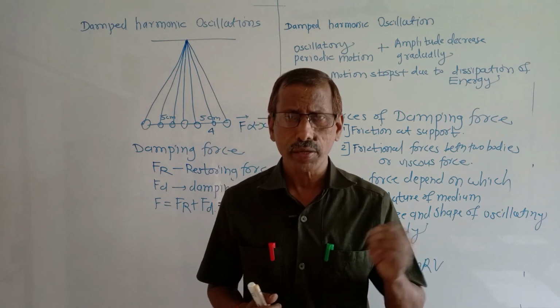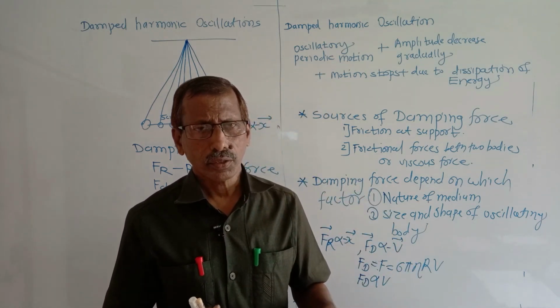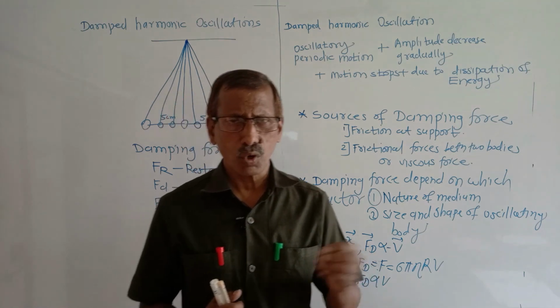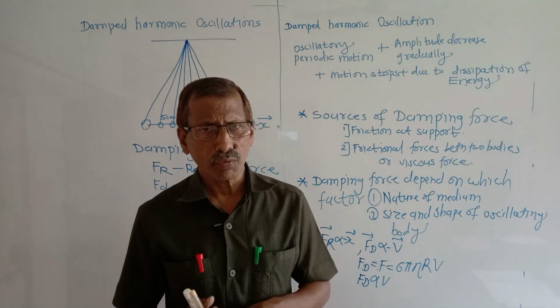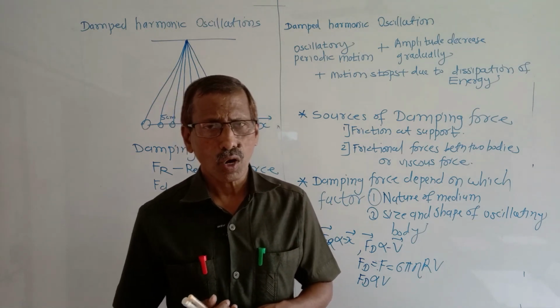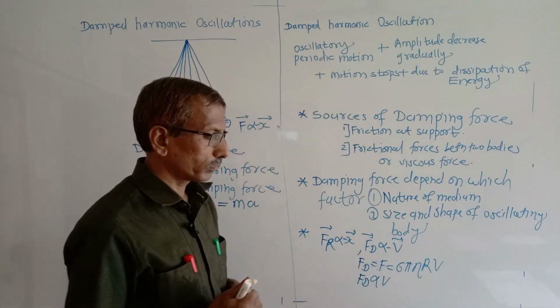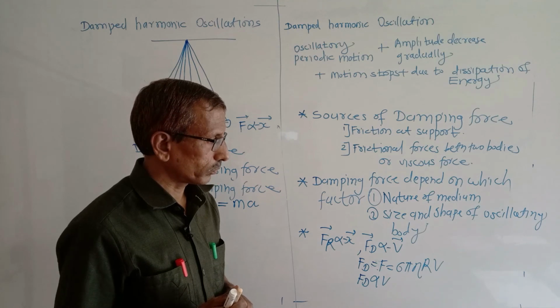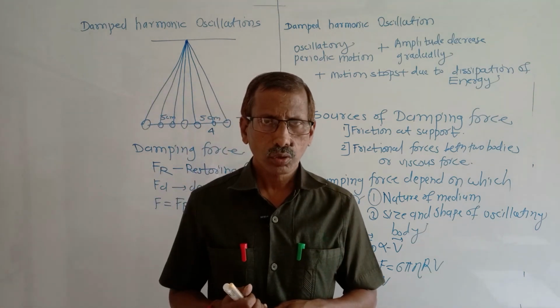So when a body is oscillated due to an external periodic force with a frequency different from the natural frequency of the body, such a type of motion is called forced oscillations.